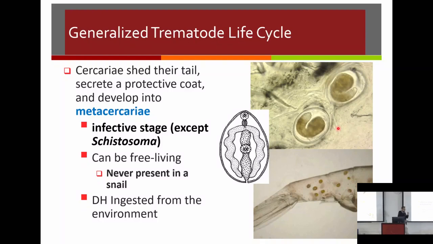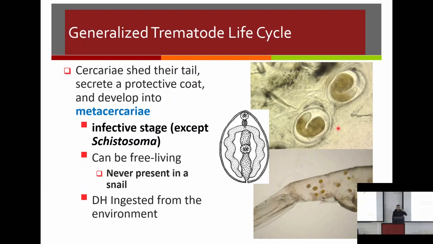The only exception is Schistosoma. Schistosoma doesn't have a metacercaria form. The cercaria form will directly penetrate into the skin of the host. They will not convert into the metacercaria. So the metacercaria, normally, other than Schistosoma, can freely live in the pasture, right?